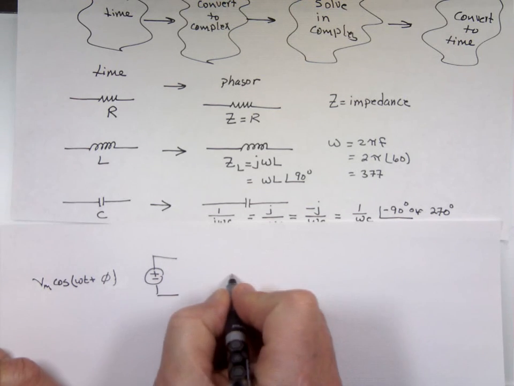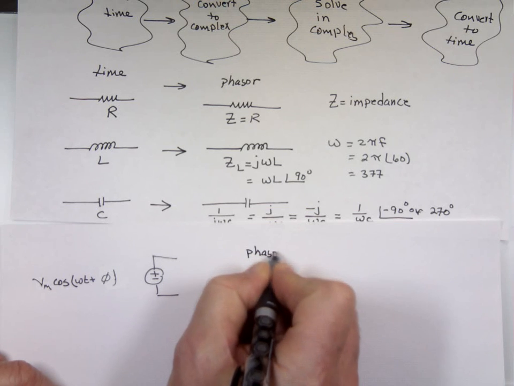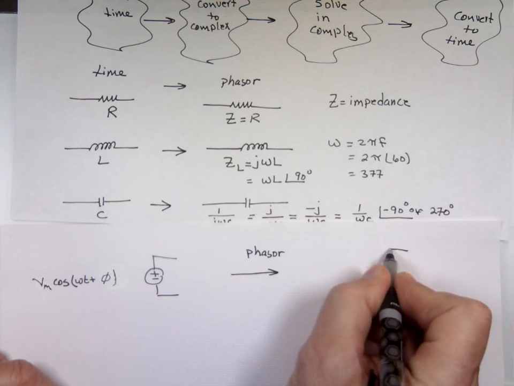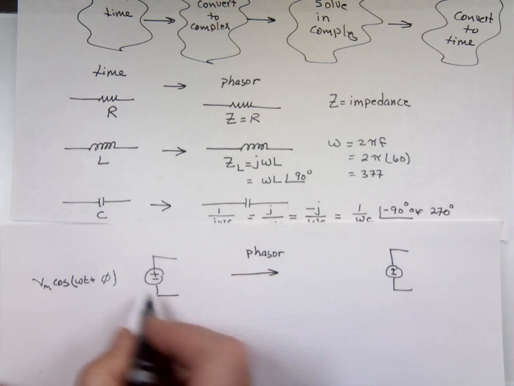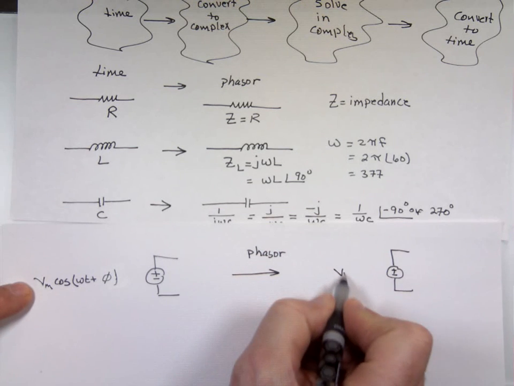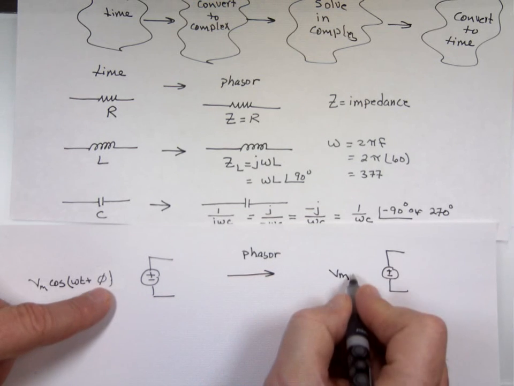When you switch it to phasor now, this source will still be the same source, but the value in phasor, we write as Vm, notice, angle phi.